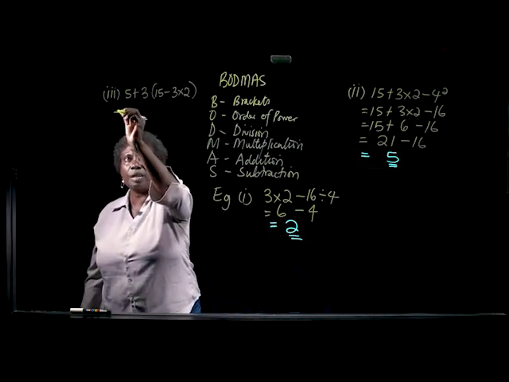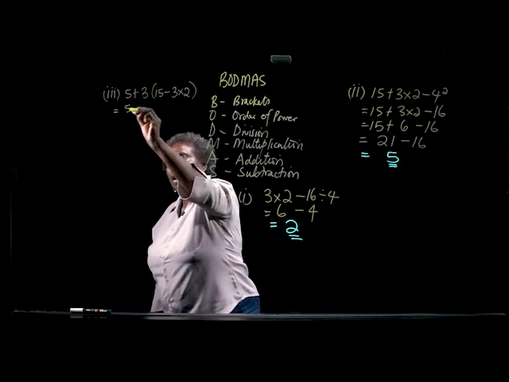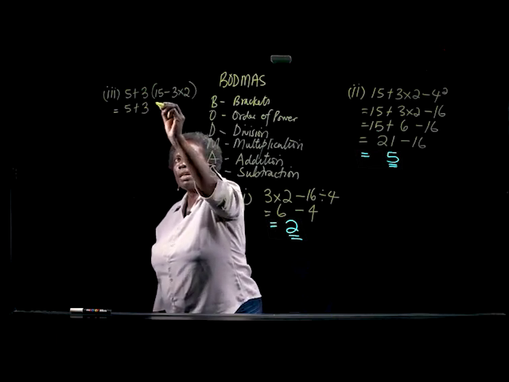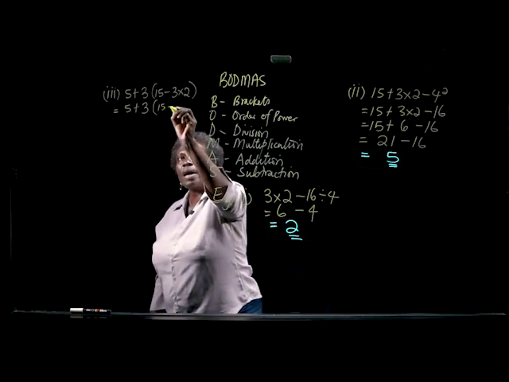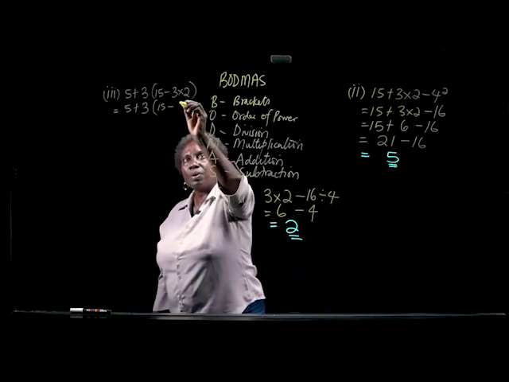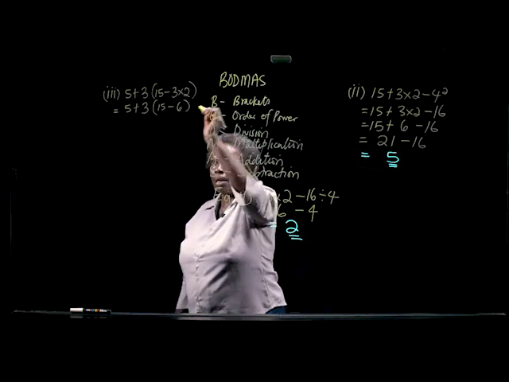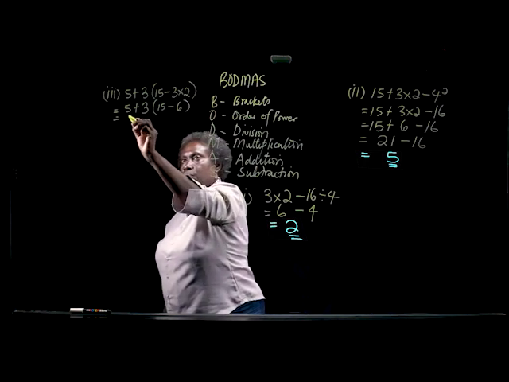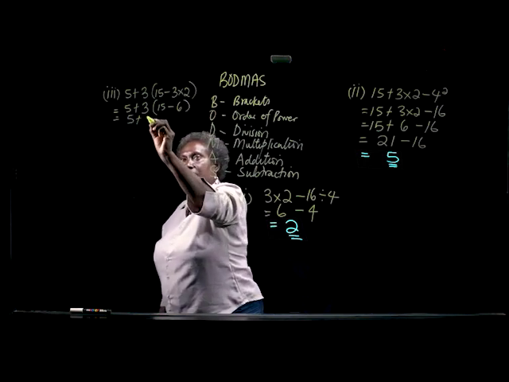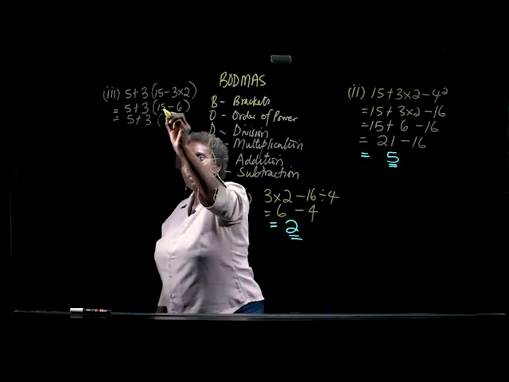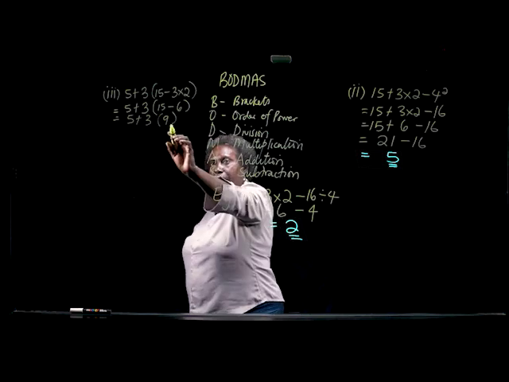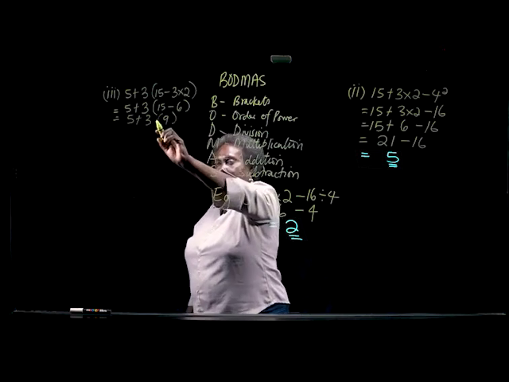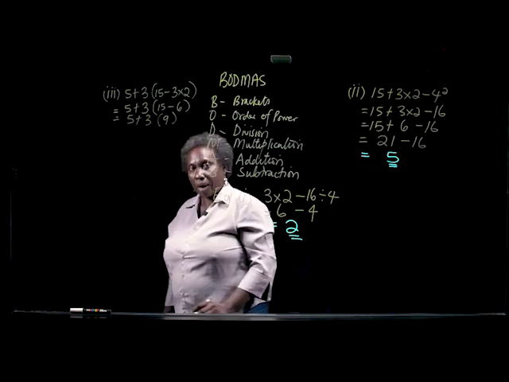So, this will be equal to 5 plus 3 times 15 minus 3 times 2, which is 6. That is equal to 5 plus 3 times 15 minus 6, which is 9. Now, when we have a bracket, that means we are going to multiply.